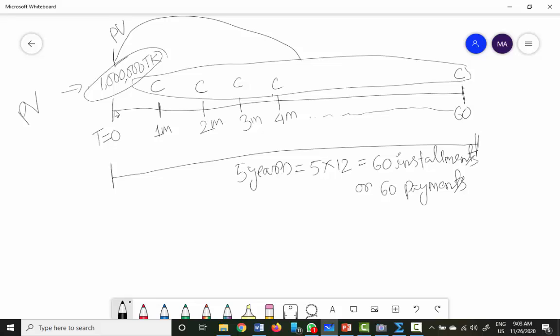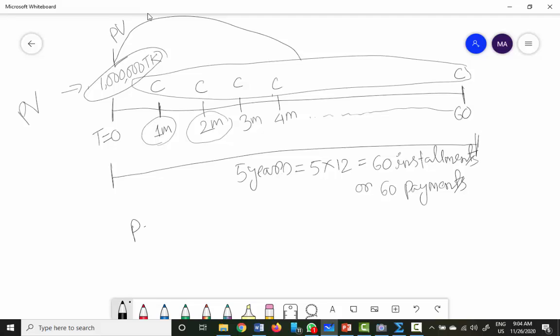And since you are making each payment at the end of the period, at the end of the first month your first payment, at the end of the second month your second payment, this is an ordinary annuity, right? So the present value of these annuity payments is 1 million taka.